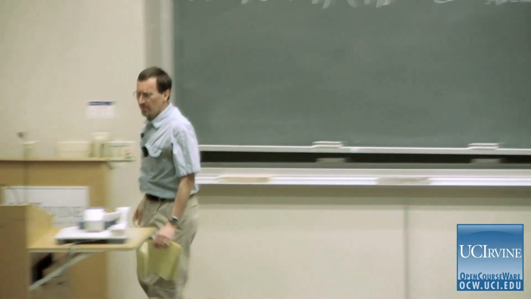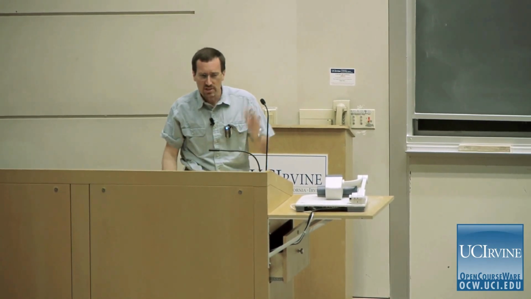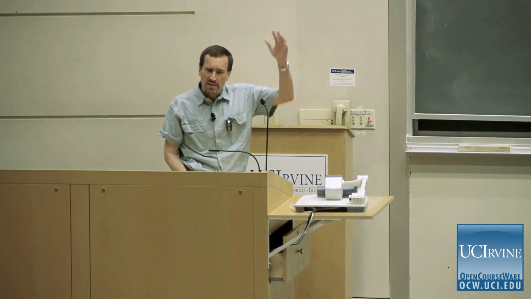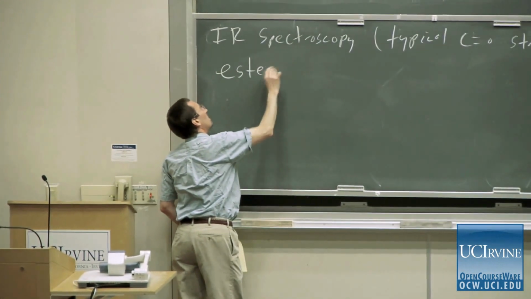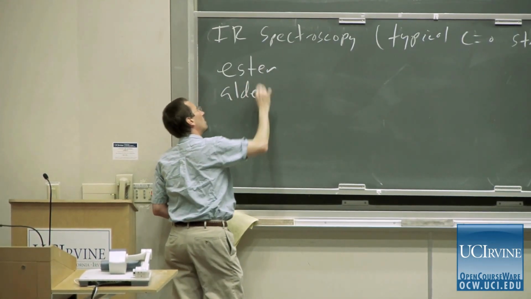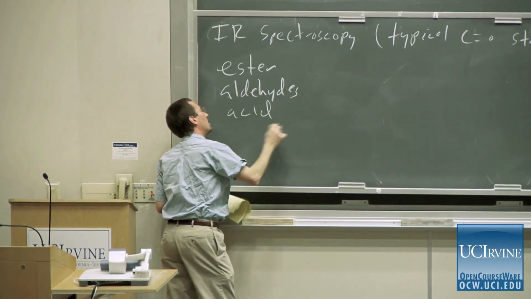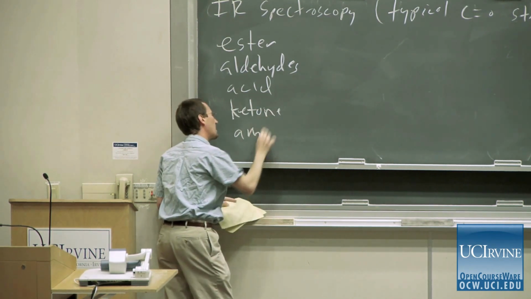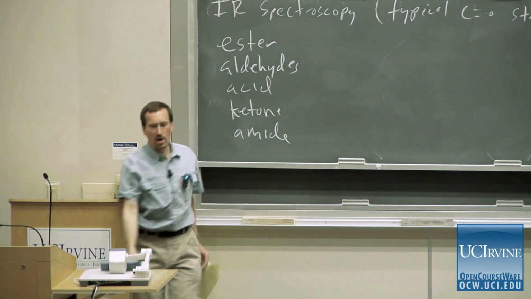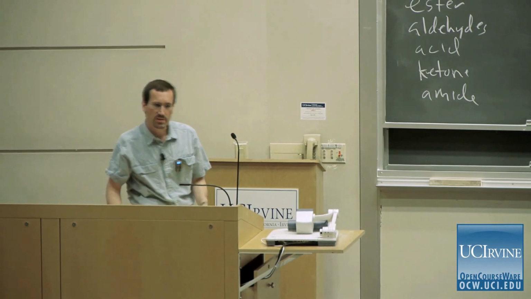One way I keep things straight in my mind when I think about the very subtle differences in carbonyl stretching frequencies is just to keep in mind a progression: in general, as we go from esters to aldehydes to acids to ketones to amides, the carbonyl stretch moves to slightly lower wave numbers, slightly lower frequencies.